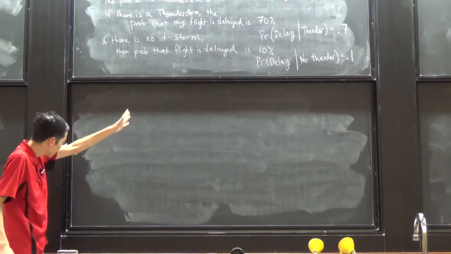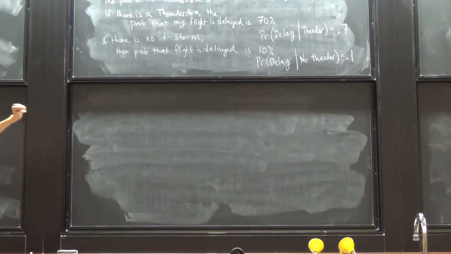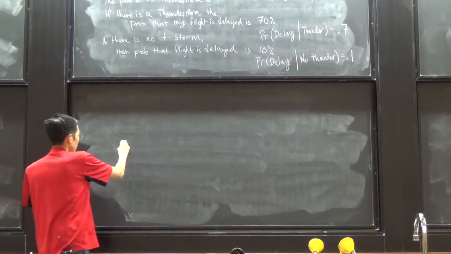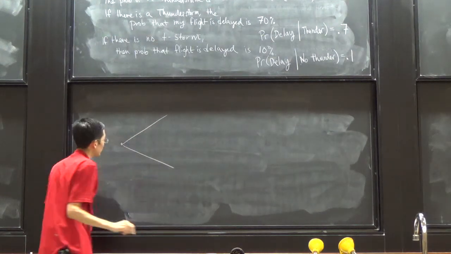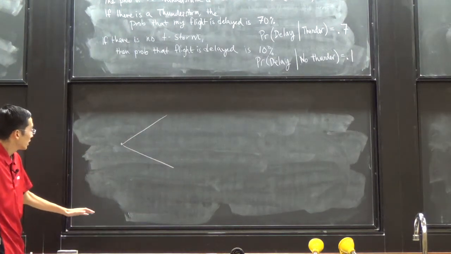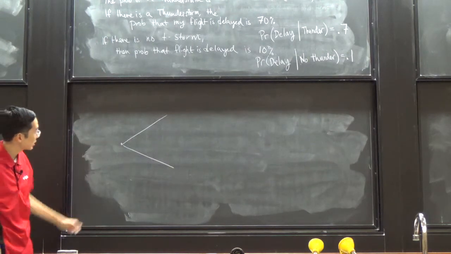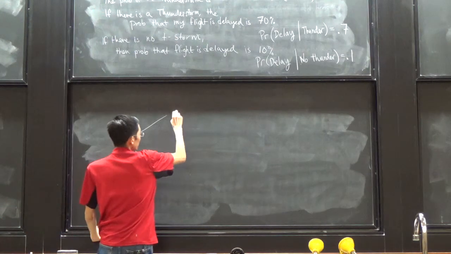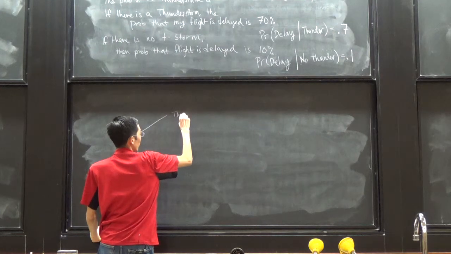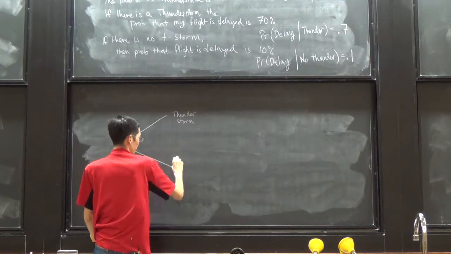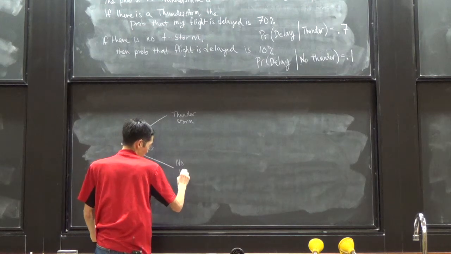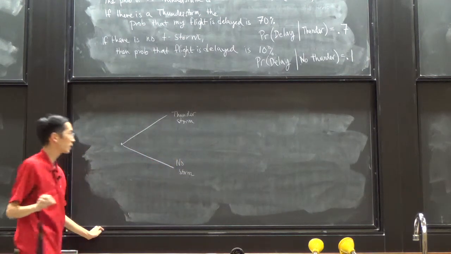All right, we can illustrate a lot of these things with what we call a probability tree. And so all of these things that we did can also be drawn with a probability tree.